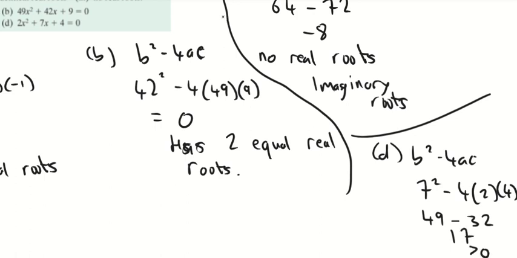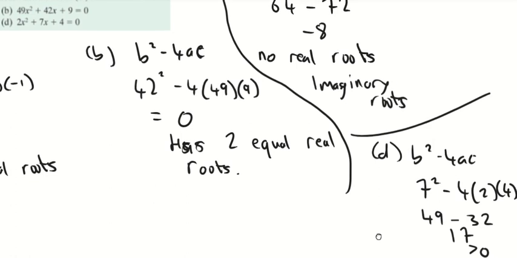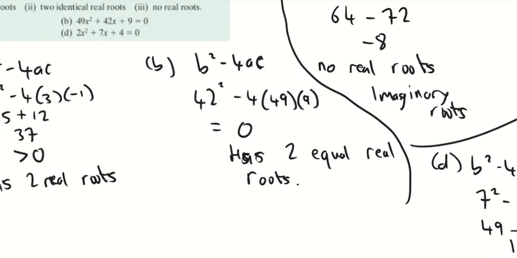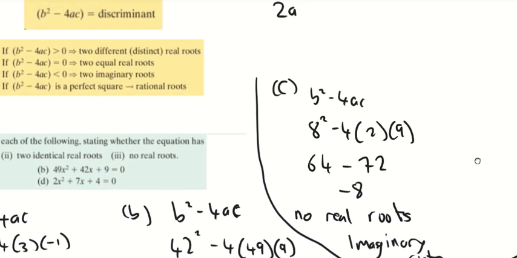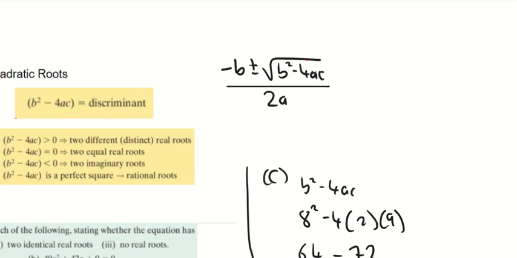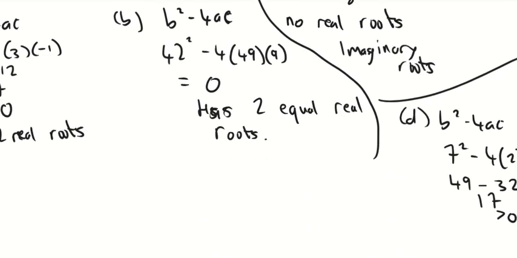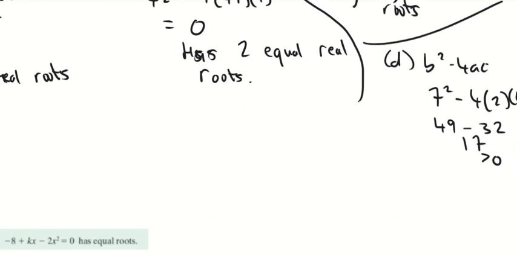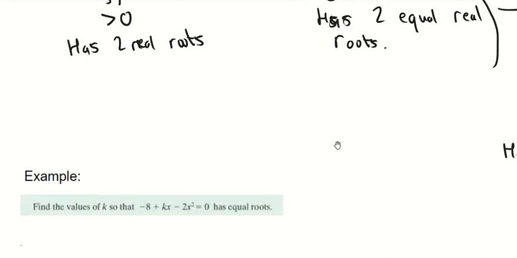And 17 is greater than 0, so because it's greater than 0, it's like the first one, it means you're just getting a natural number inside the square root. So it'll have 2 real roots.